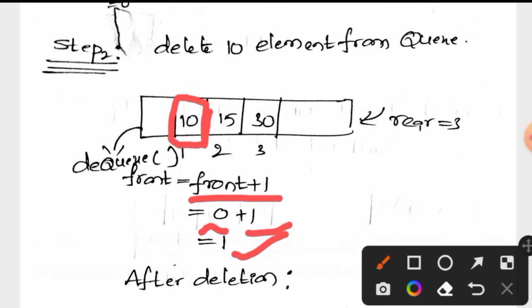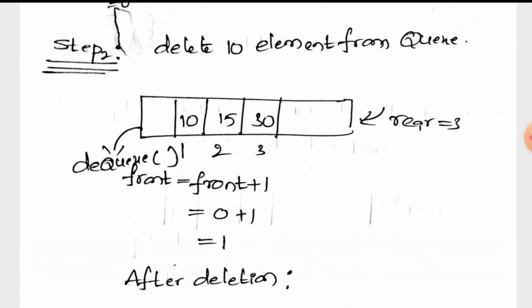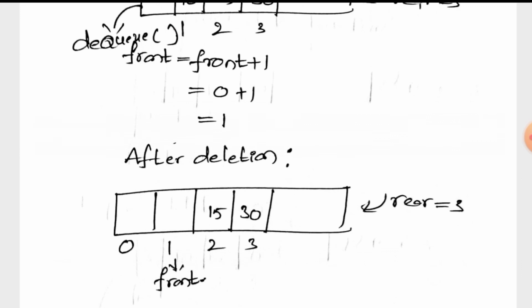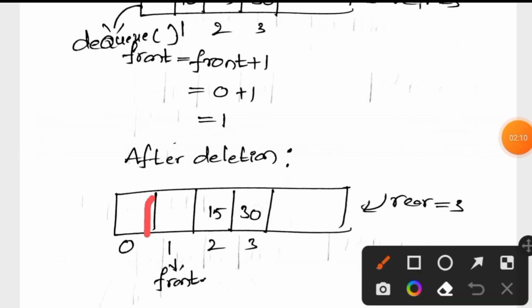So to delete this 10 element we have to call the method dequeue of 10. So after deleting the 10 value from the queue data structure, the graphical representation of the queue is like this. At position 1 there is no element, the element is deleted, and the front position is 1.